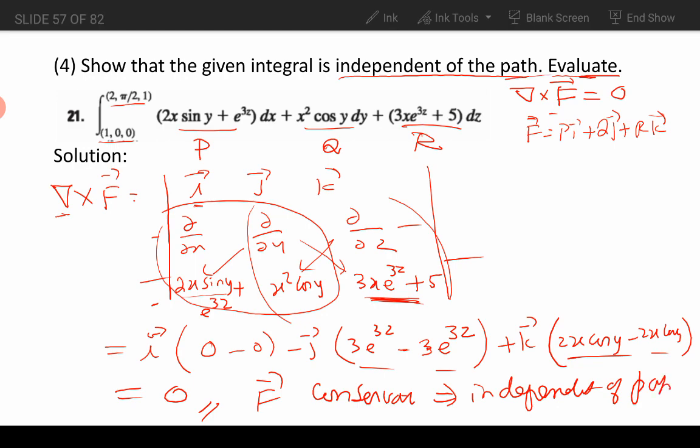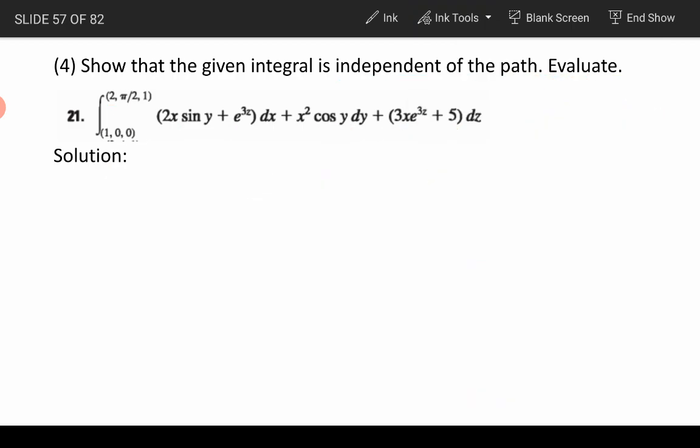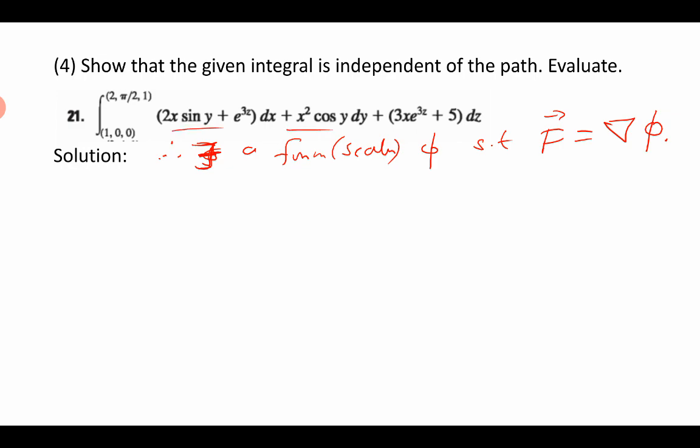Find phi, that's next. To find phi, we know therefore there exists a function, this notation stands for there exists a scalar function phi such that F vector can be expressed as del phi, and we know F vector is this one, isn't it?